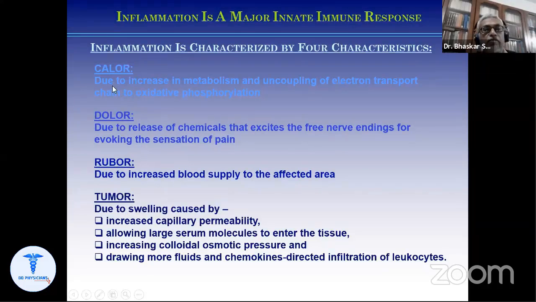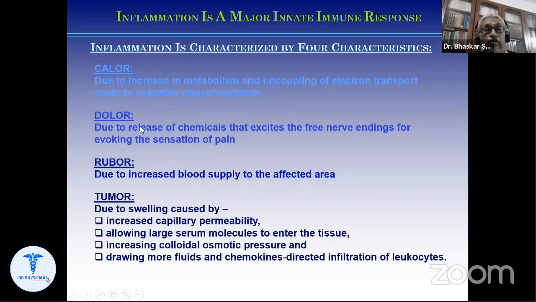Calor is because of increase in metabolism, so that there is transfer of energy, but it cannot go through the electron transport chain, that is uncoupling, and therefore this energy is released as heat. So that is the reason we call it calor. So the inflamed site, we always feel that it is heated. It's because of this change in metabolism.